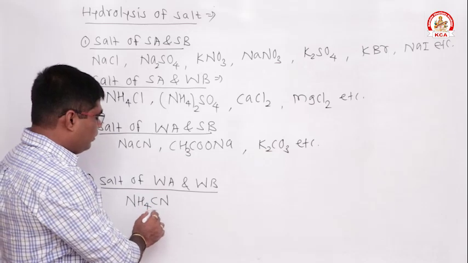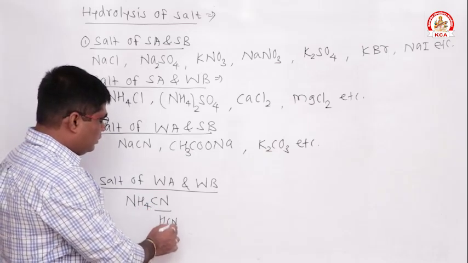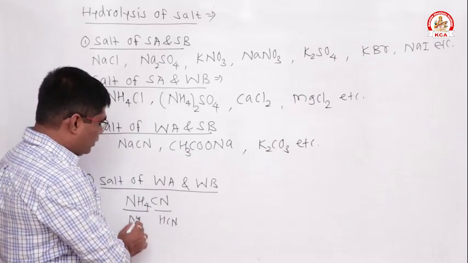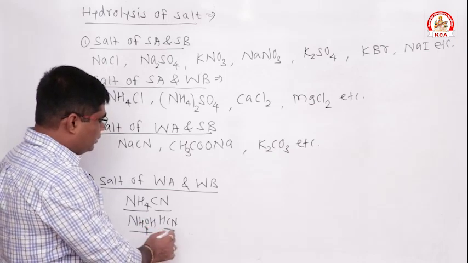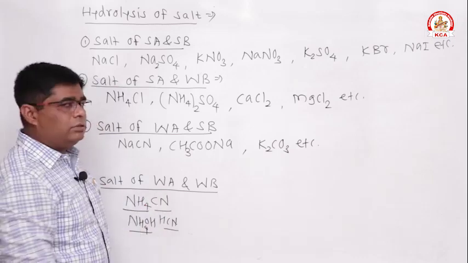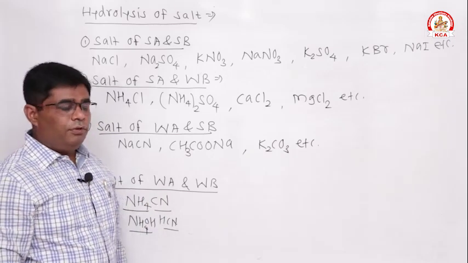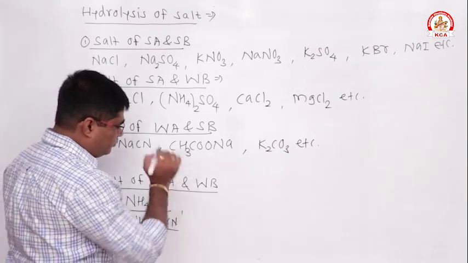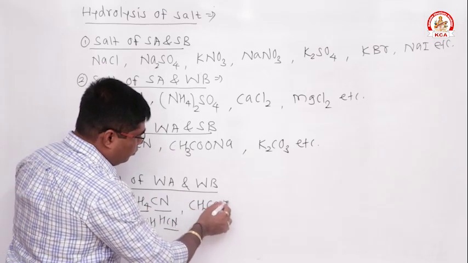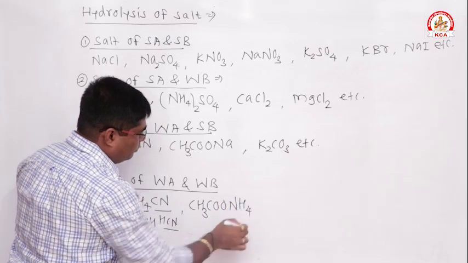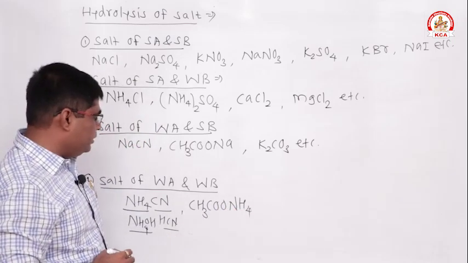Weak acid कुठला? HCl. Weak base कुठला? NH4OH. बेस वीक आहे, ॲसिड वीक आहे, याच्यापासून मिळणारा सॉल्ट काय असणार? It is salt of weak acid and weak base. Then that is the CH3COONH4, the ammonium acetate.